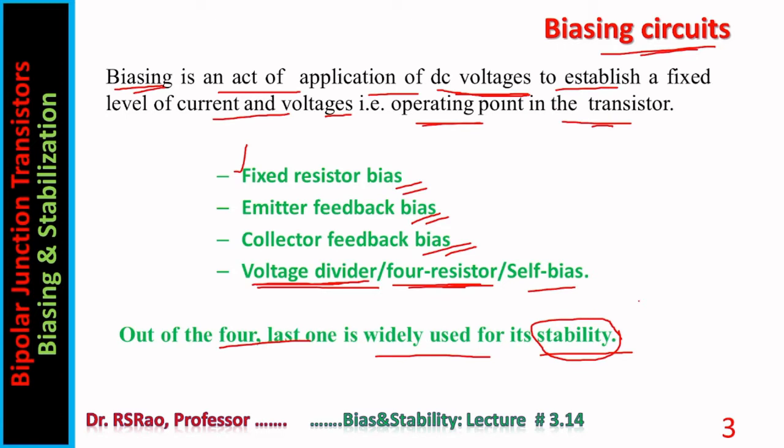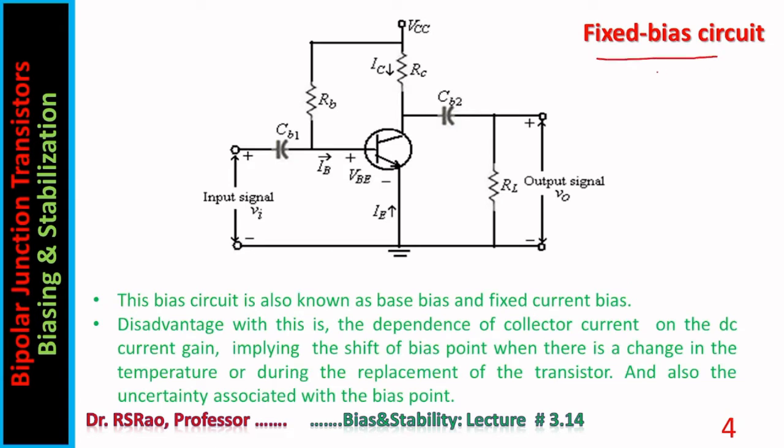Stability means prevention of the operating point drifting away from the place where it was located in the beginning by the design engineer. When bias point shifts or drifts, the behavior of the transistor changes, performance of the amplifier circuit changes. Now things become unpredictable.